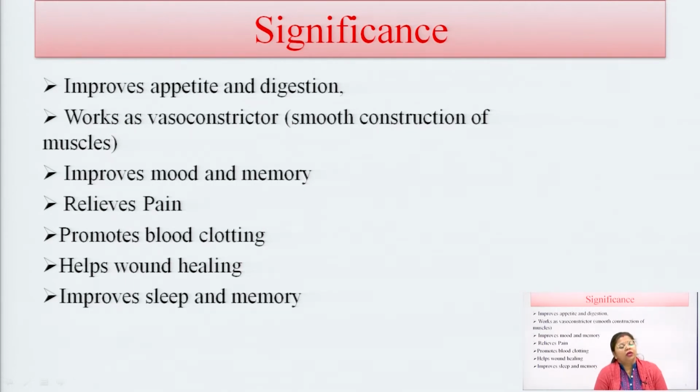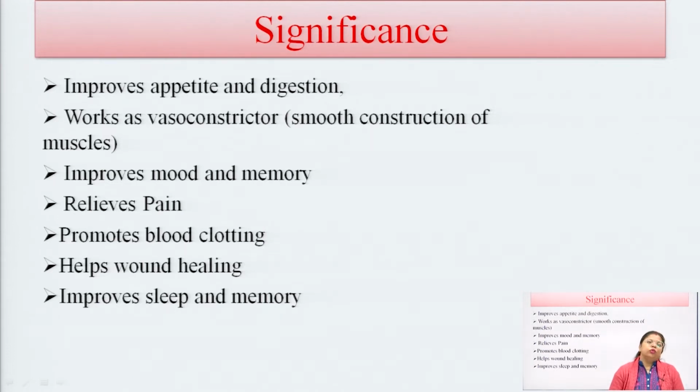Serotonin works as a vasoconstrictor, and it is helpful in the smooth contraction of muscles. So, serotonin helps in the normal contraction of smooth muscles, so that it helps in walking or locomotor activity also. Serotonin helps in mood and memory, because it is synthesized in the brain and is helpful for the normal activity of the brain.